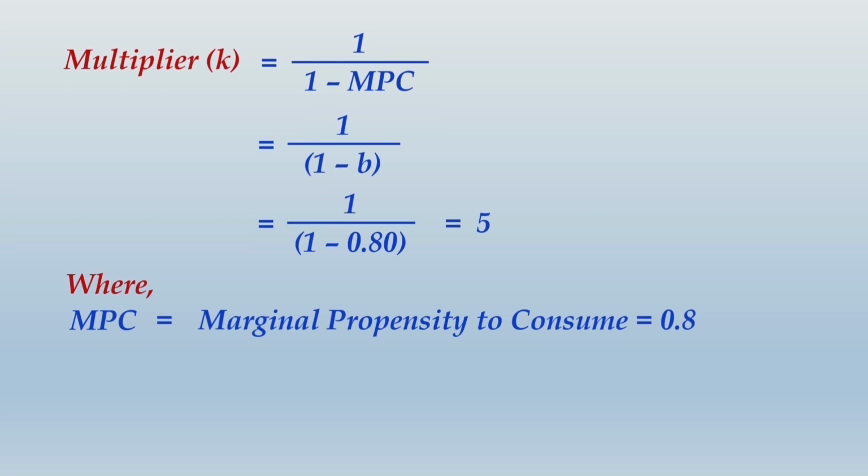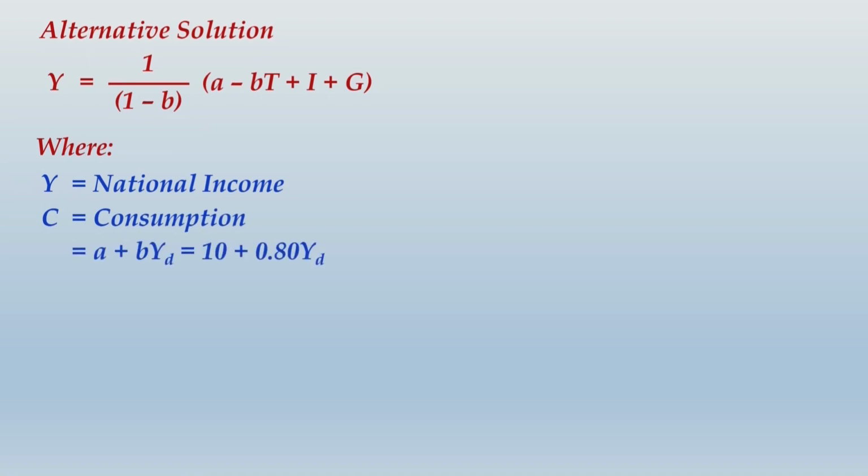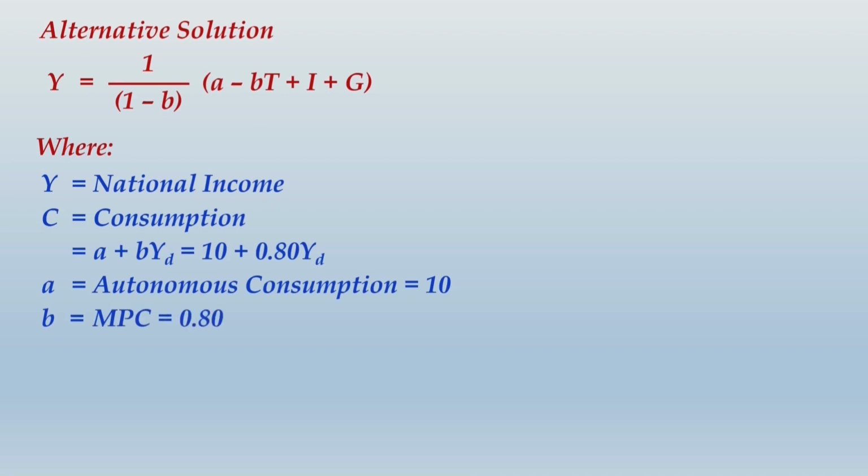Let us move ahead and look into the alternative way of presenting the solution. In this alternative mode, you directly write the final formula version of y, and of course, if you are following this version of the solution, you will have to define each variable systematically along with the values of variables given in the question.